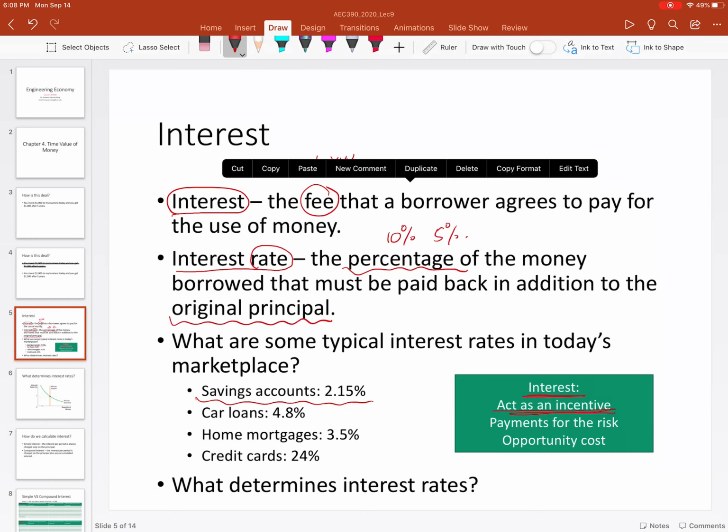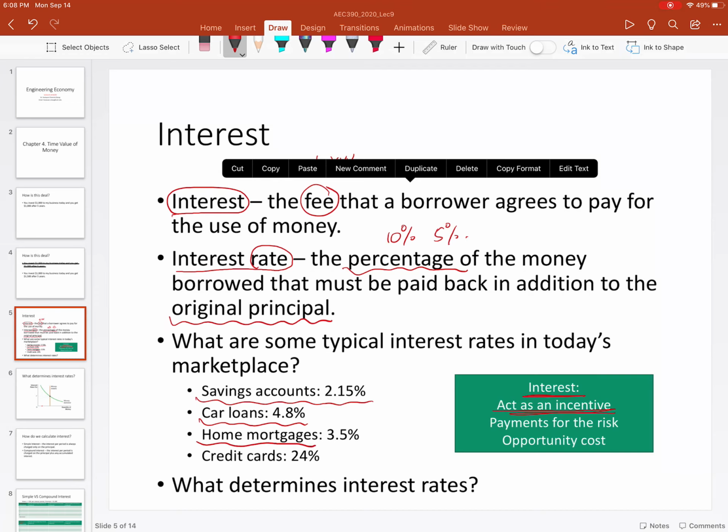If you check your savings account, you will see your interest rate. It's very low, usually around 2%. It could be lower or higher than that, depending on the market. Car loans will usually be around 4 to 5%.